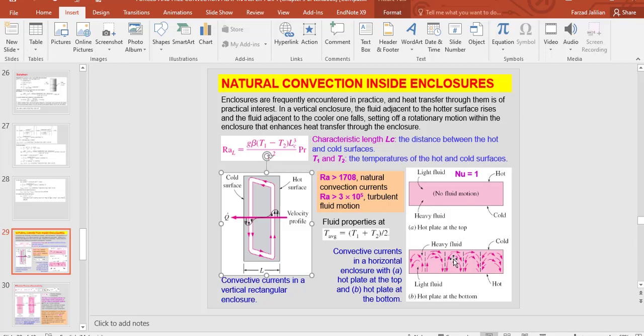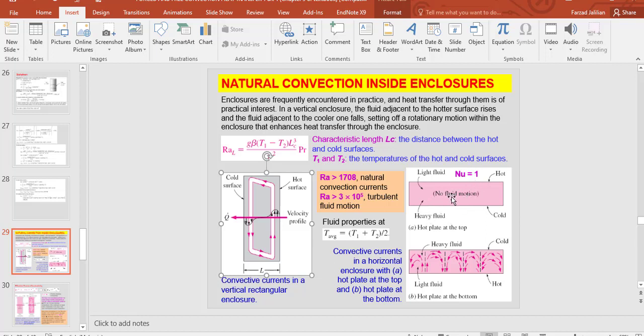And you can see the difference between these two. This is a heavy fluid. So when the top surface is hot, the fluid motion is not enough to have convection heat transfer. So we have only conduction heat transfer.